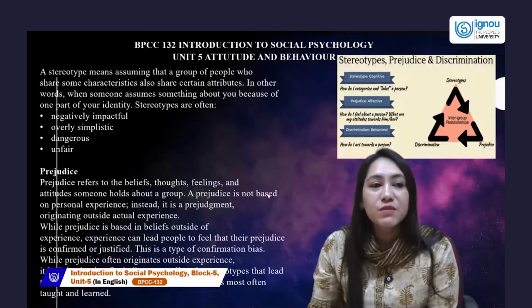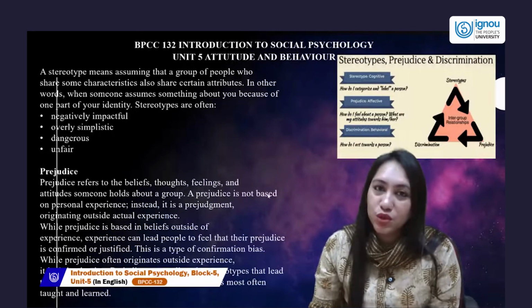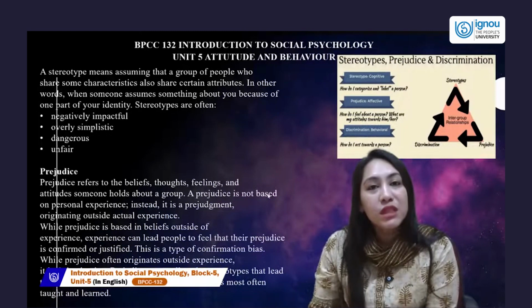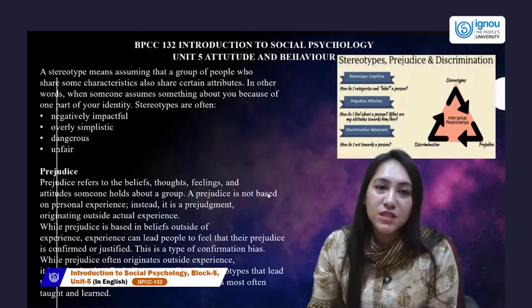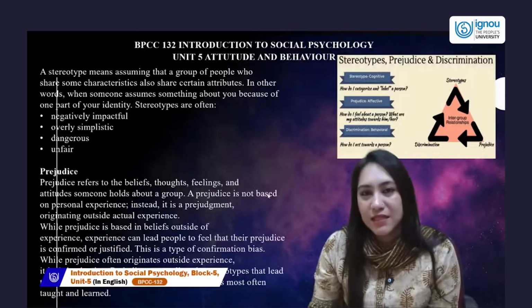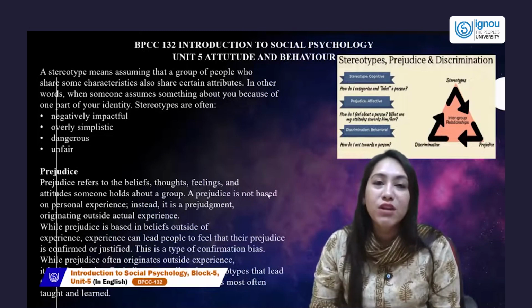Stereotypes can be both positive and negative, but they are usually impacting us negatively. They are overly simplistic. Why? Because we do not have a logic behind it.